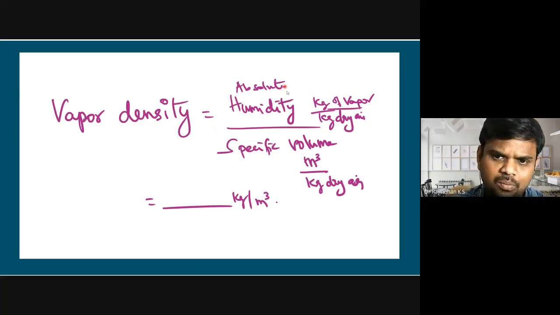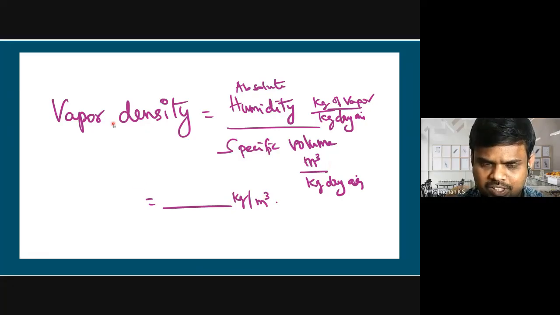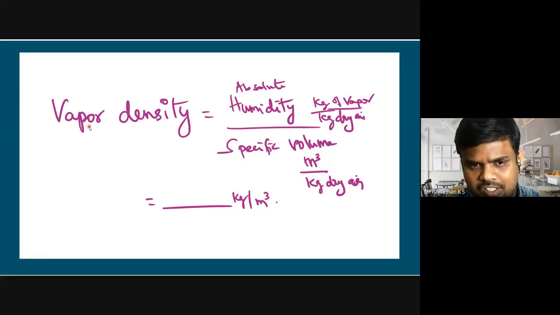If you know absolute humidity, what is that? It is kg of vapor per kg of dry air. And we are going to get from the graph the specific volume. What is the unit of specific volume? Meter cube per kg of dry air. So kg of dry air, kg of dry air gets cancelled. So what we are going to have is kg of vapor per meter cube. So kg of vapor per meter cube is the mass density, that is the density of the vapor, which is termed as vapor density.